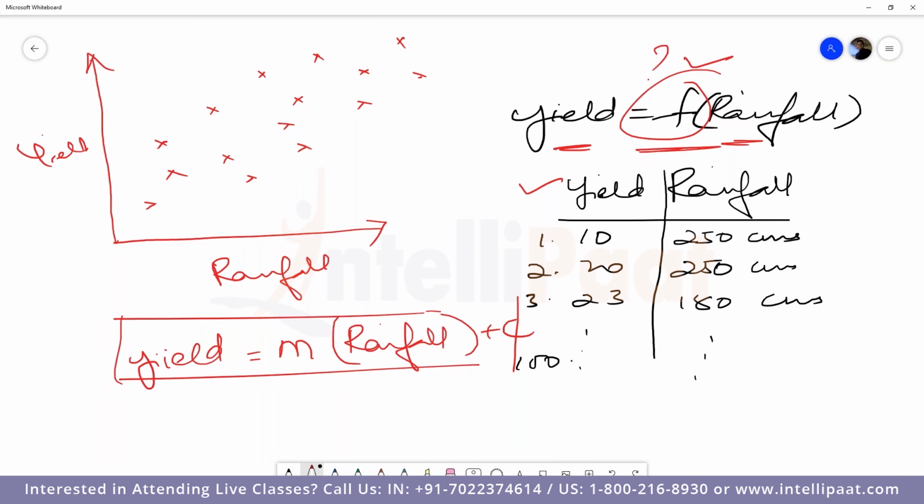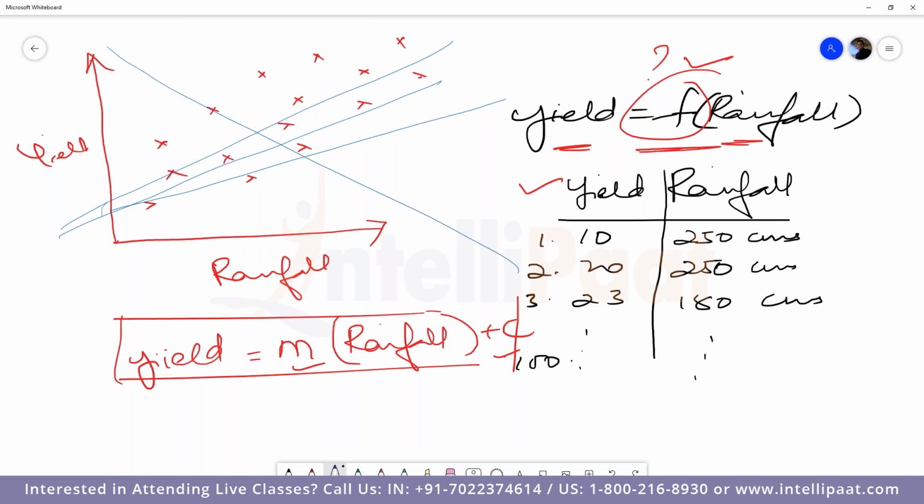So for arbitrary values of m and c, this whole equation, from our knowledge of mathematics, is a simple straight line equation. It could be different straight lines for different values of m and c. It could be a line like that or a line like this. So different values of m and c will yield different straight lines.